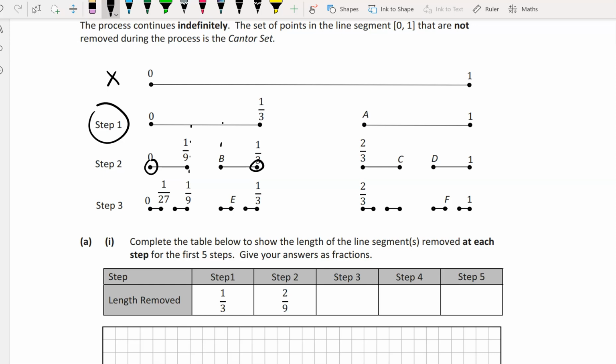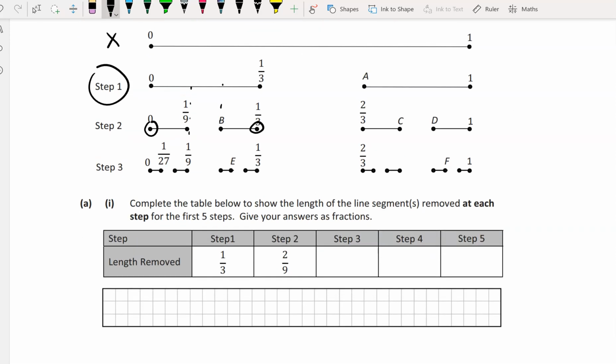So what they're removing is 1/3 of a line that's of length 1/3. So they're removing 1/3 of 1/3, which is 1/9. So this missing section is 1/9. In here, it's exactly the same. So altogether, they're removing 2/9.